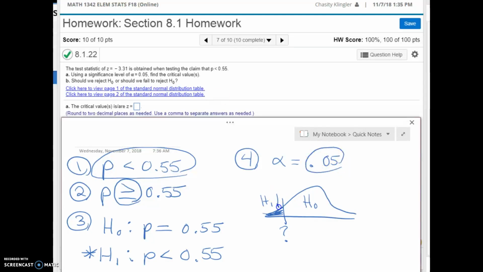So this area is 0.05. If it was two-tailed, we'd have to divide that by 2, and it would be 0.025, like we had to do in chapters 6 and 7. But since it's left-tailed, we use alpha as our area or probability.